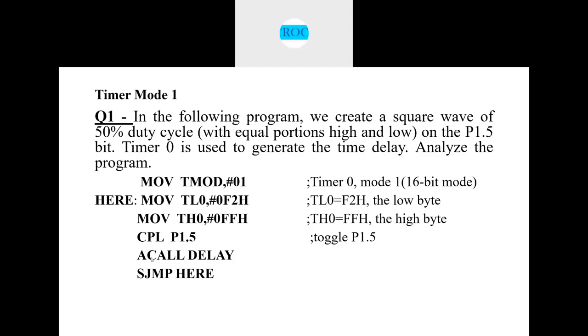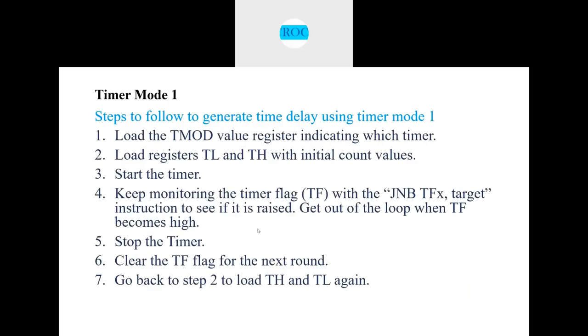Next, I do ACALL DELAY, then SJMP. ACALL DELAY is an absolute short range call, and delay is nothing but a subroutine that is written there. If you see, the program follows these steps.